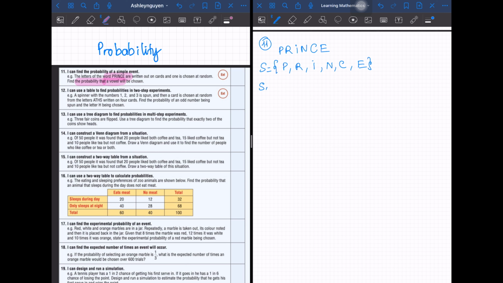Simple outcome of vowel: E, I. So easy too. The probability of vowel equals the number of successful outcomes, I and E, 2, over the possible outcomes: 1, 2, 3, 4, 5, 6, so 2 over 6.